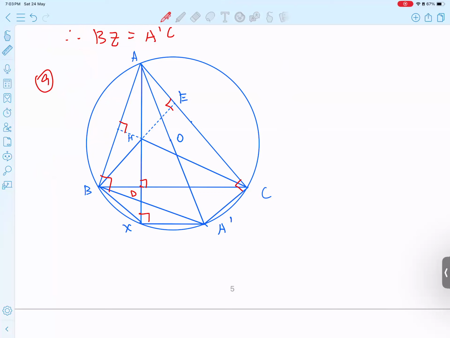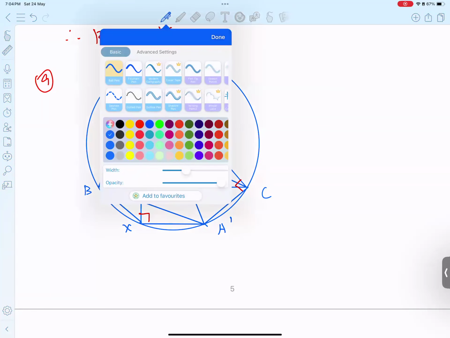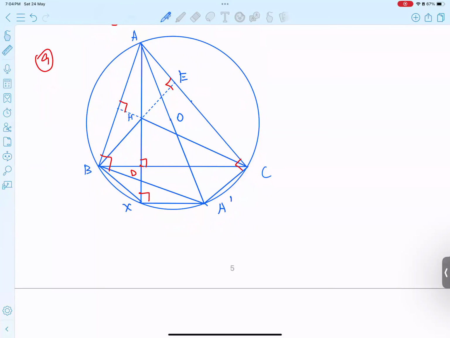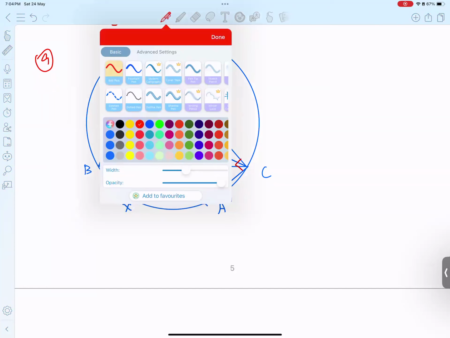Yes, so let's suppose you're on NZMO round 2, problem 3, you have to prove that AH is equal to 2R cosine BAC. How would you approach it? So yeah, in essence, 9 is basically a guide to how to do 10. So I'll just put 9, 10 here.